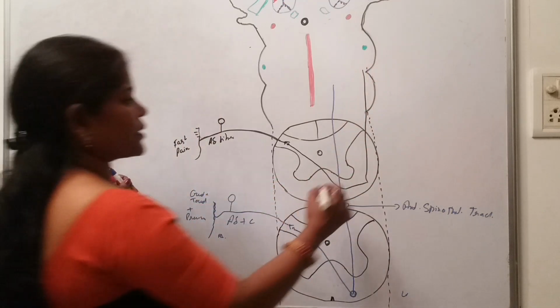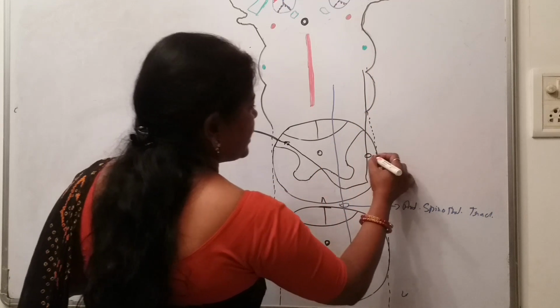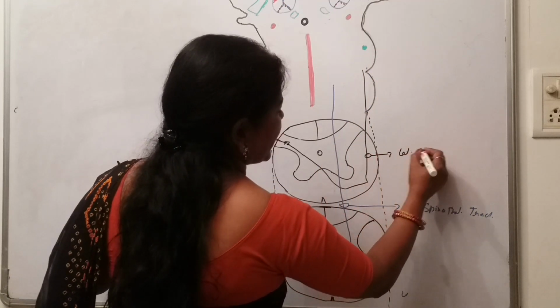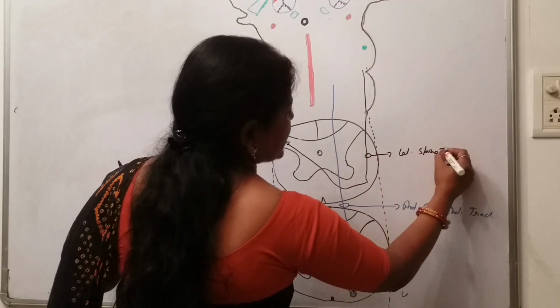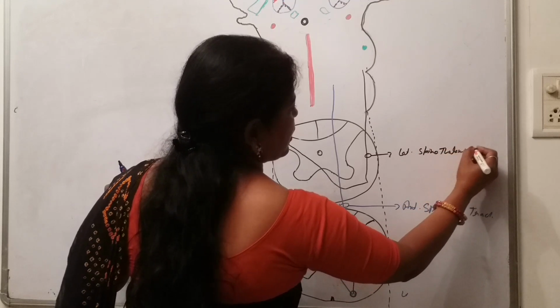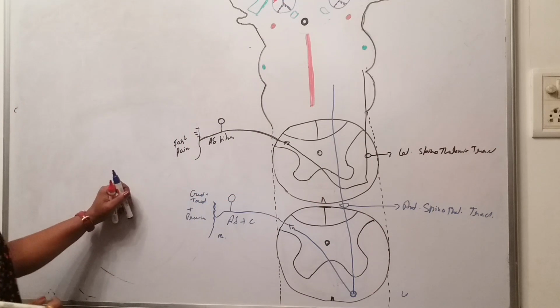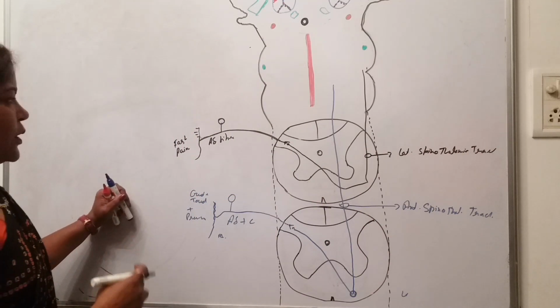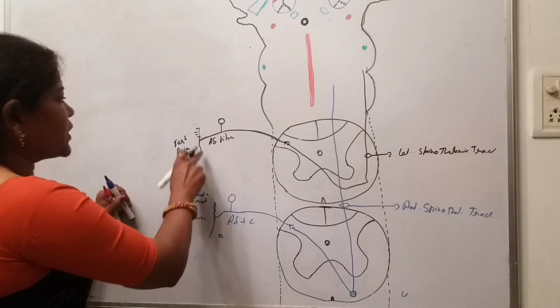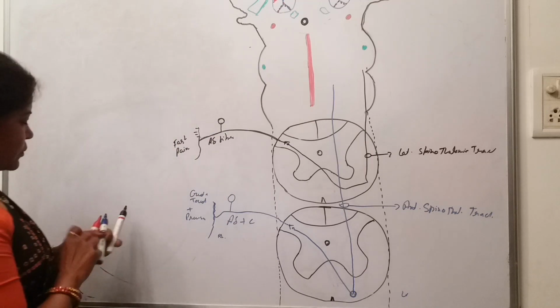Okay, so this is the lateral spinothalamic tract. Okay, what is this? This is the lateral spinothalamic tract. Now, where will you place the fibers of the slow pain? Look here.